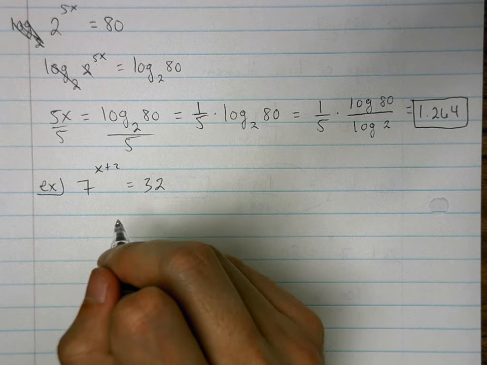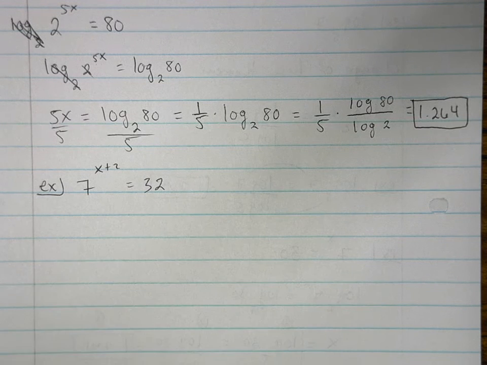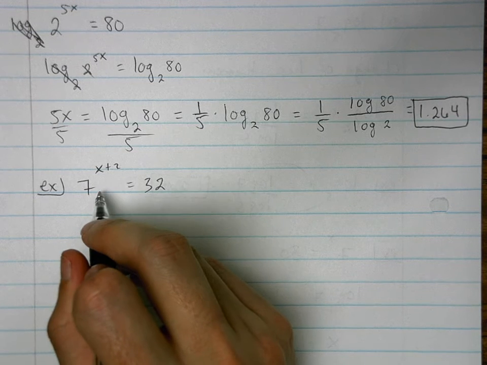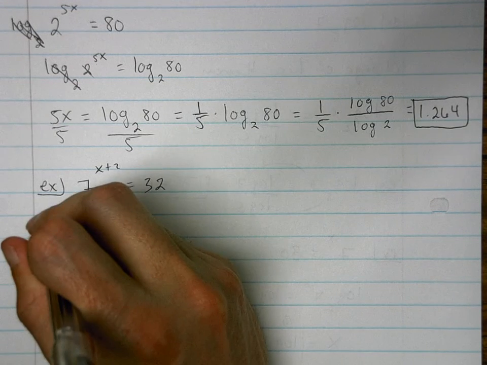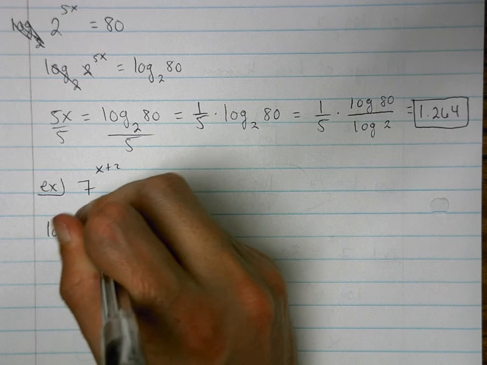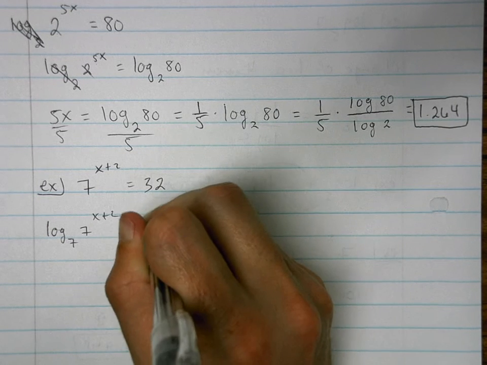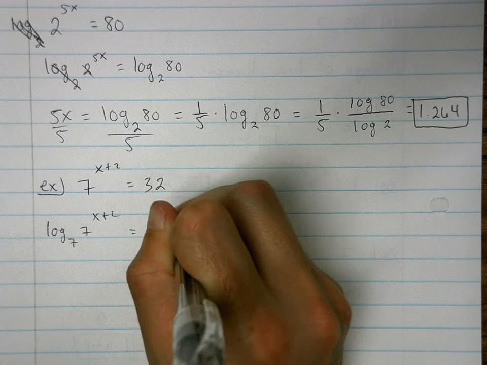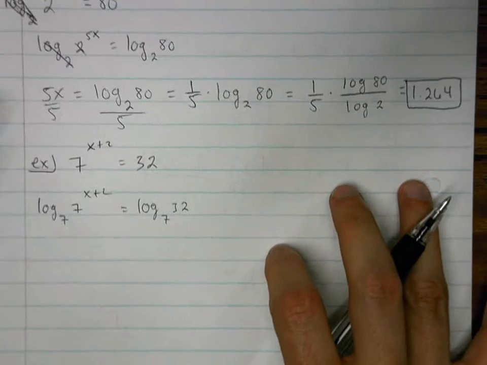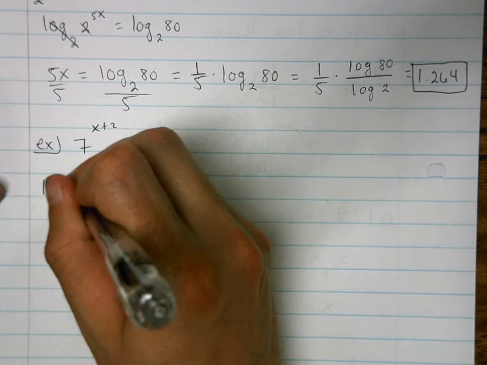That was really trippy. Anyways, I need to get x plus 2 out of the exponent, which means I have to drop this base of 7. So log base 7 on both sides. And what that does for me is it allows me to drop this base.